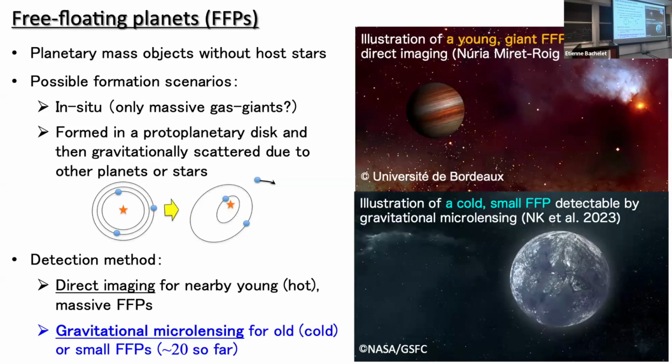Direct imaging can be used to detect nearby young massive FFPs, like the upper right figure. But only gravitational microlensing can be used to detect small FFPs like the lower right one. And there have been 20 FFP candidates discovered so far.